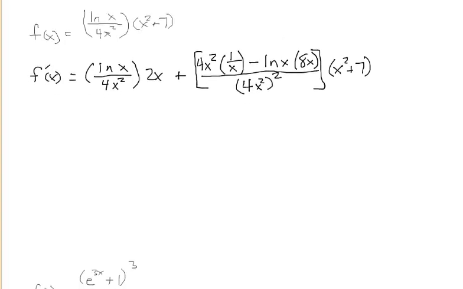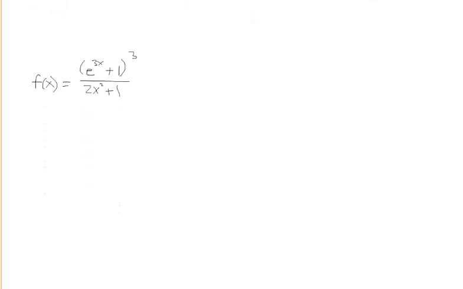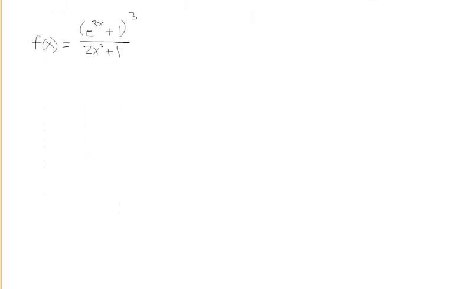Now let's take a look at a couple of examples that require the use of the chain rule. So here, we're going to start with the quotient rule, and then when we take the derivative of the numerator, we're going to use the chain rule. So here, f prime of x is equal to the denominator rewrite, so 2x squared plus 1, times the derivative of the numerator, which we need to use the chain rule.